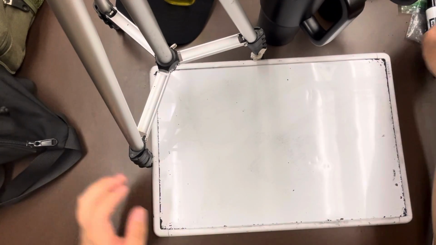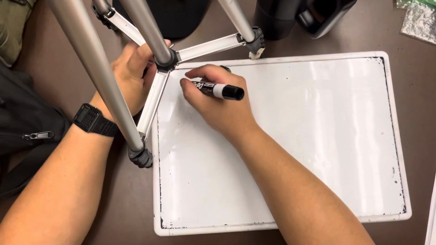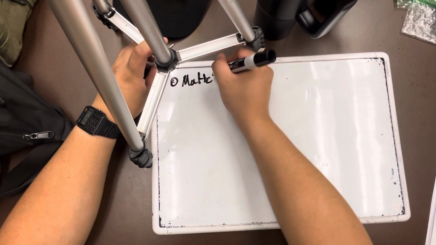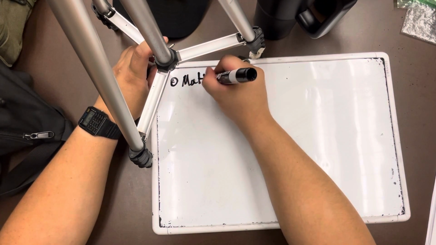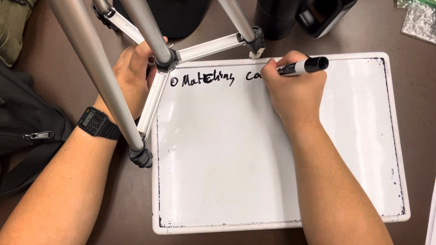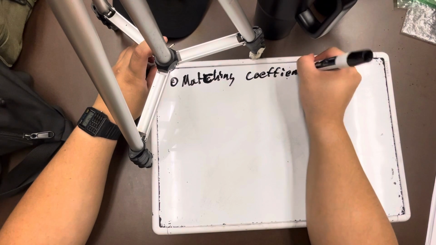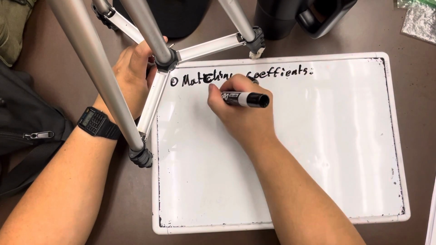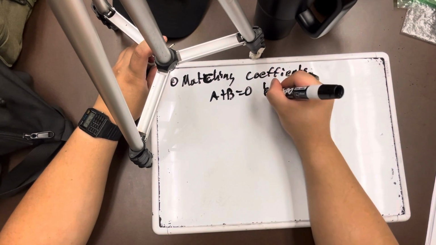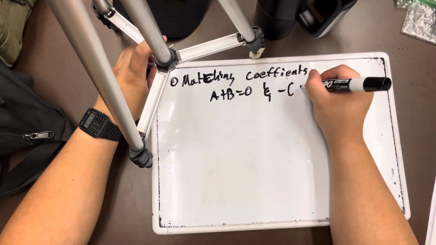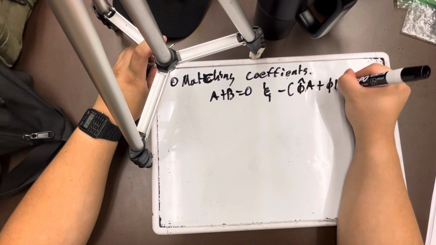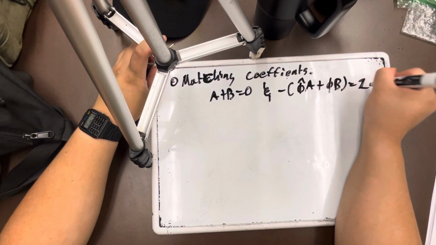Now let's go here and we'll say, okay, let's match coefficients. A plus b is equal to 0, and negative (phi hat times a plus phi times b) is equal to 1.